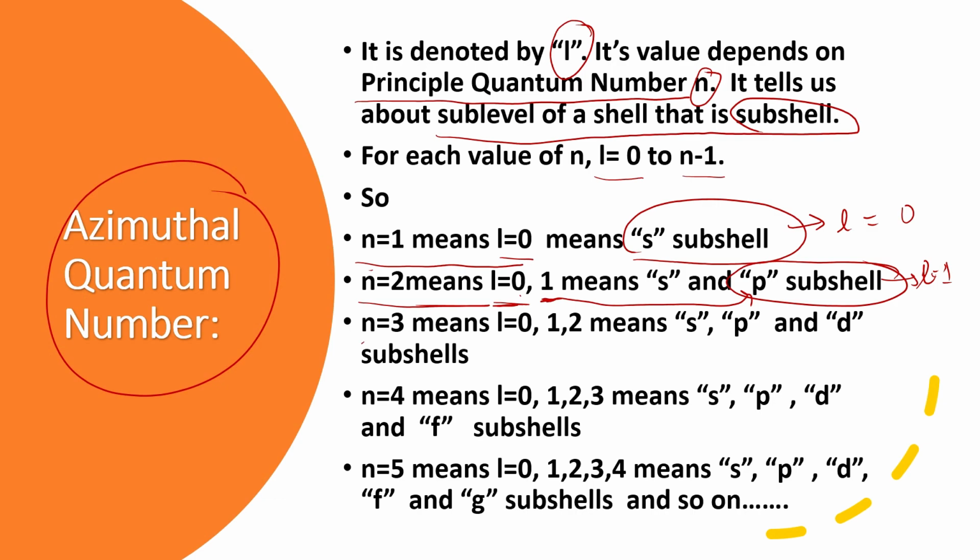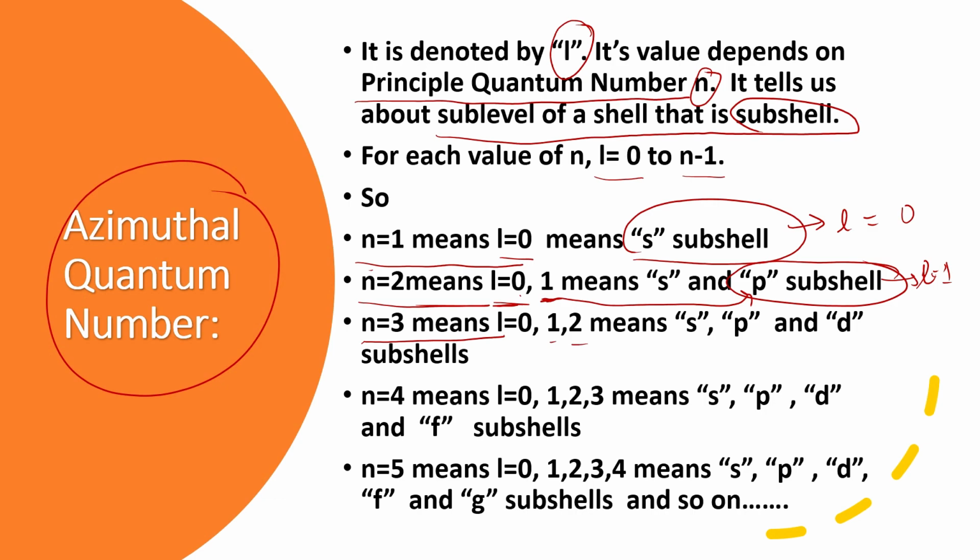Similarly, when n is equal to 3, the l value will be 0, 1, 2. Why only up to 2? Because it is 0 to n minus 1, and 3 minus 1 is 2. So there are maximum 3 values: 0, 1, 2.